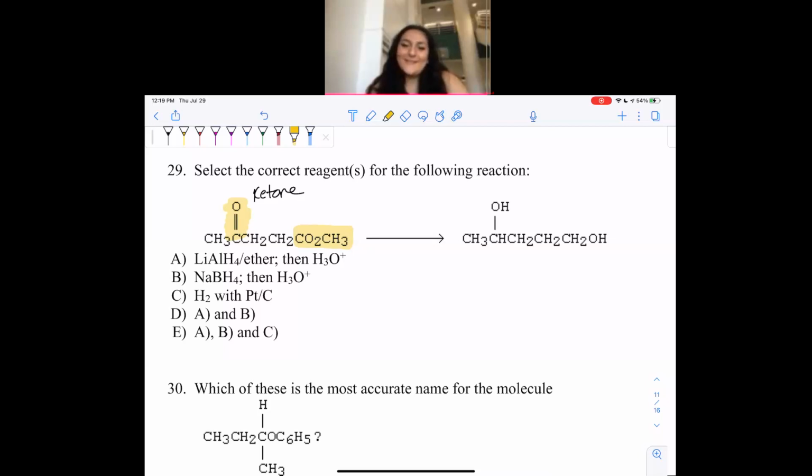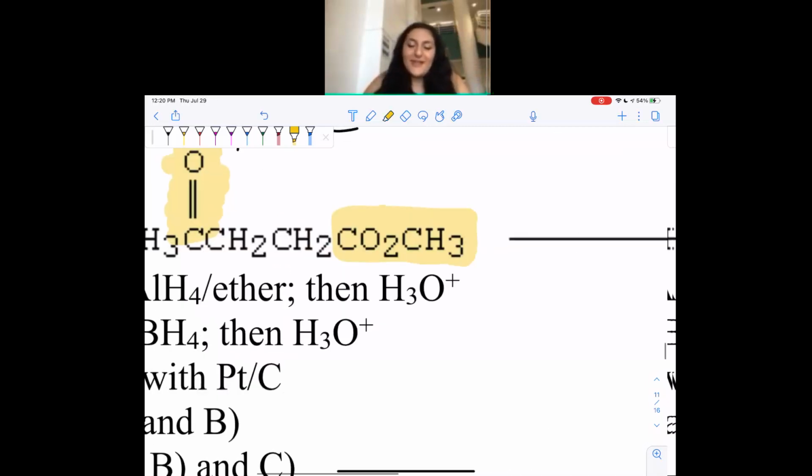I love when you guys say something and then I have this smile and you guys immediately are like, never mind, just kidding, I take it back. So, for you guys that said ether, I tricked you. The reason it's not an ether and it is an ester, as someone just mentioned, is because we have an O2 right here.